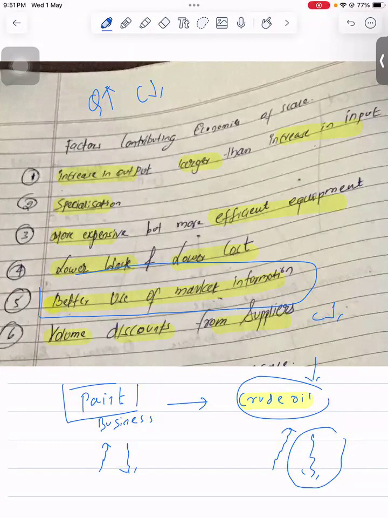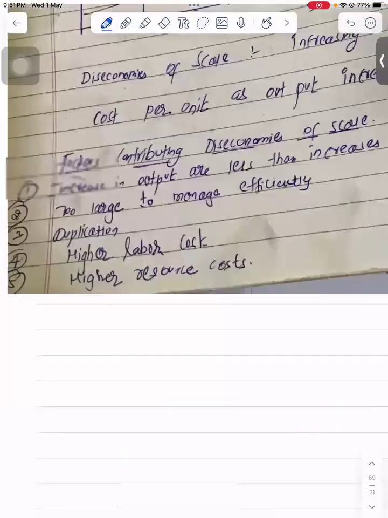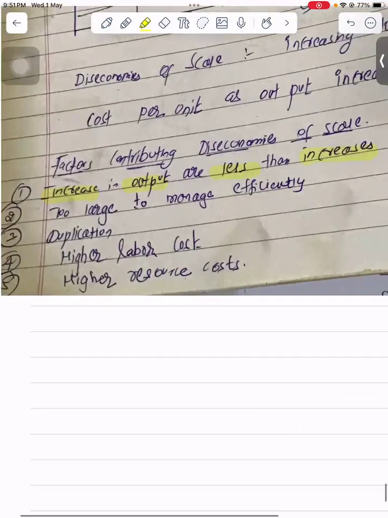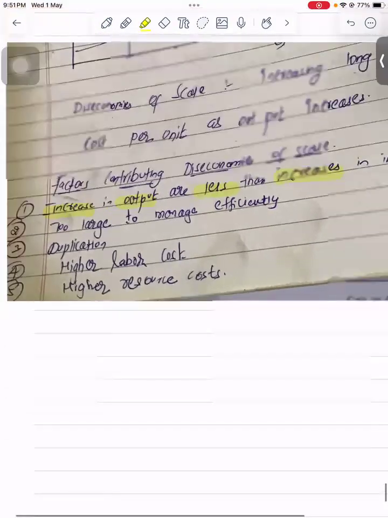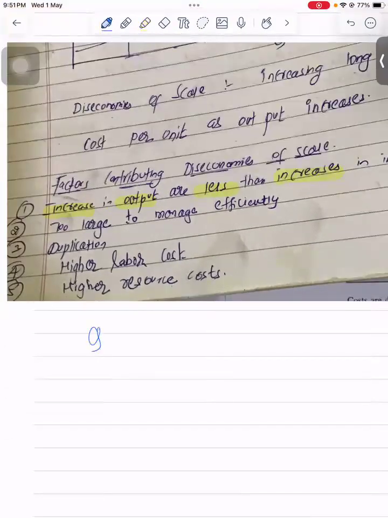And what can be the factors for diseconomies of scale? Completely opposite now. Increase in output is less than increase in input. Quantity is going up, but at the same time, cost is also going up. Too large to manage efficiently.